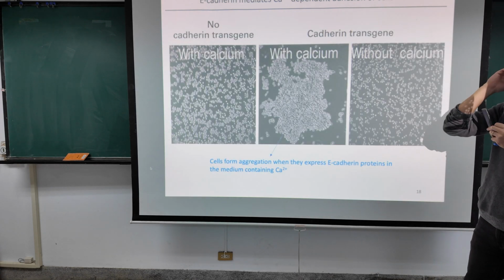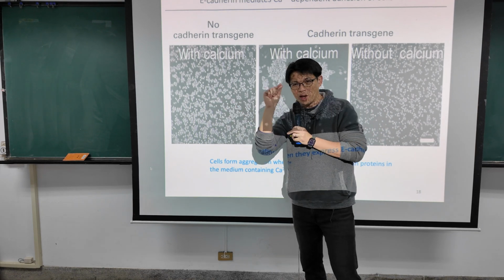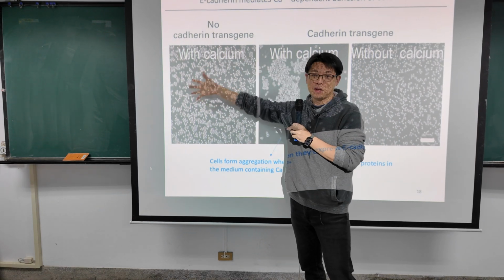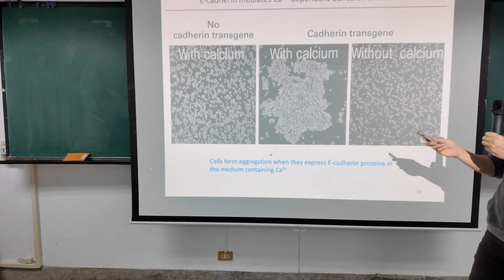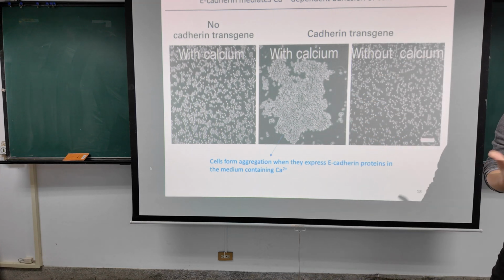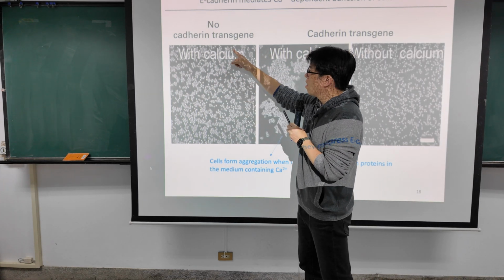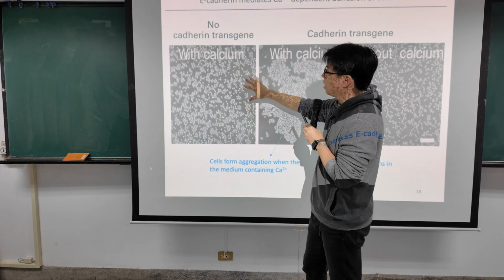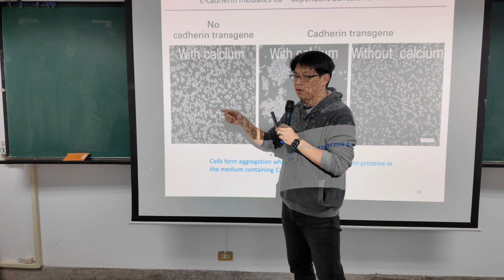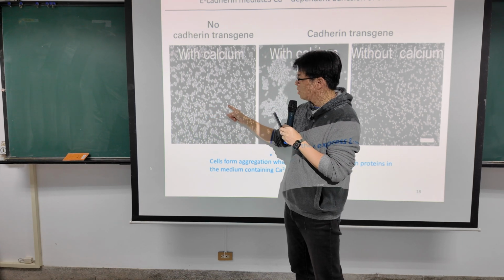This is the example to prove that. Each dot is one cell, and there are a lot of cells here under the microscope. If you put calcium in the culture medium, but the cells don't have the cadherin gene, they cannot form huge clusters. They still grow separately.